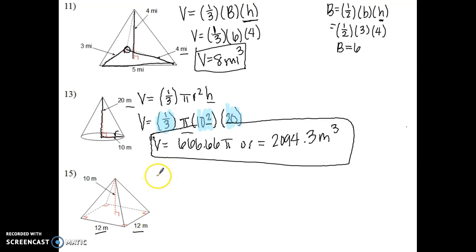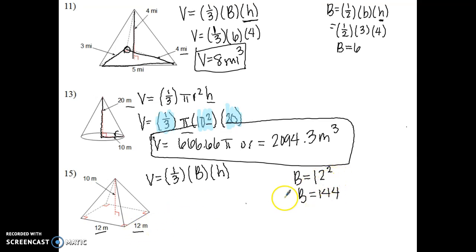changes there. So using my volume equation, that is 1 over 3 base and height. I am looking for the area of my base because this is a square. It's super easy. That's just going to be that side squared, which means this is 144.